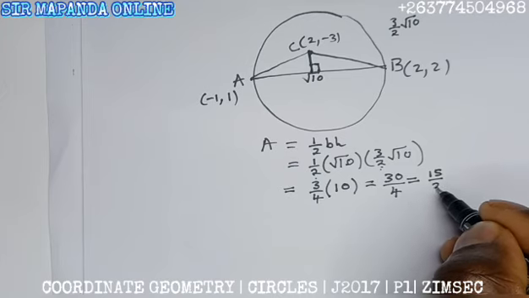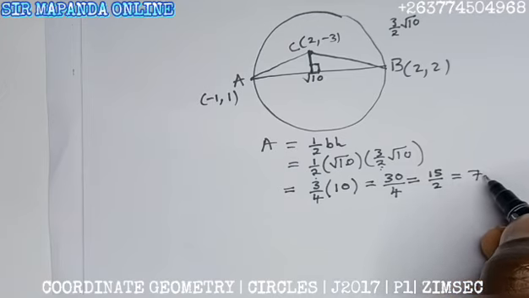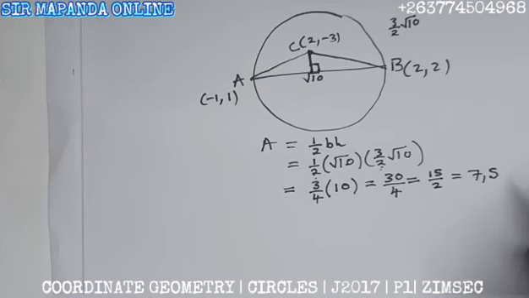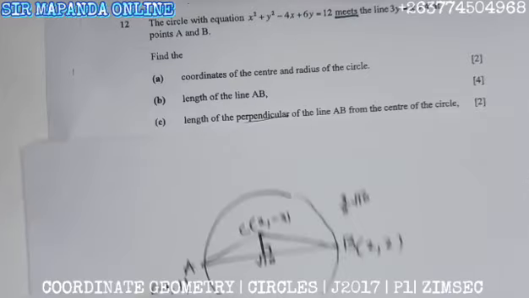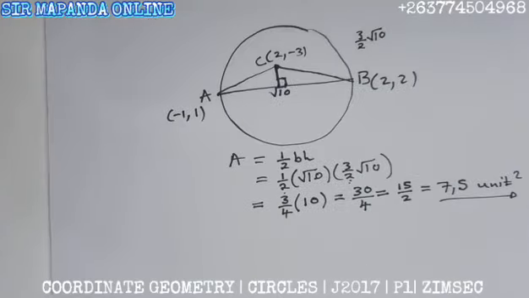Then 2 into 4, it's 2. So your final answer is 7,5 or 7.5 square units, which is the area of the triangle. Then you are home and dry. I hope you are getting something class, right?